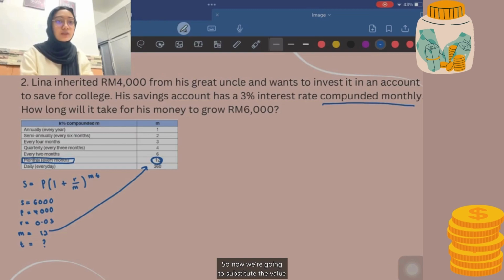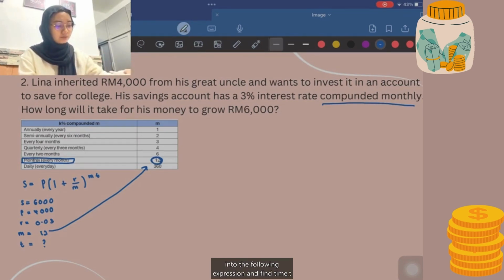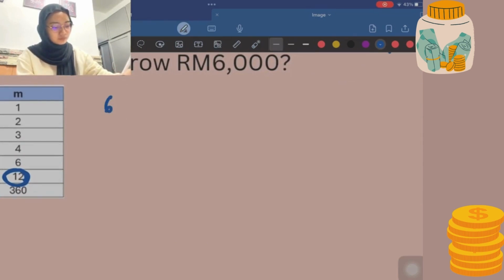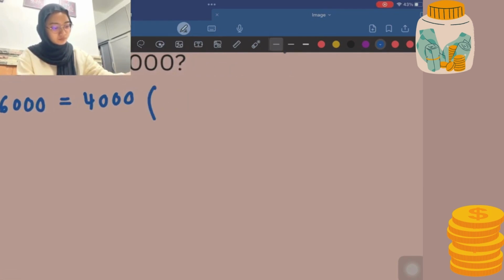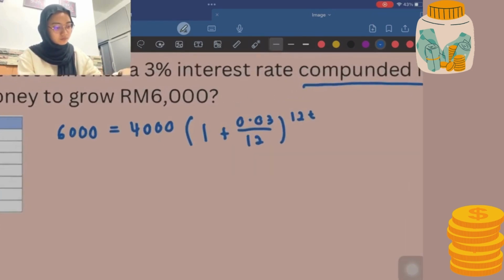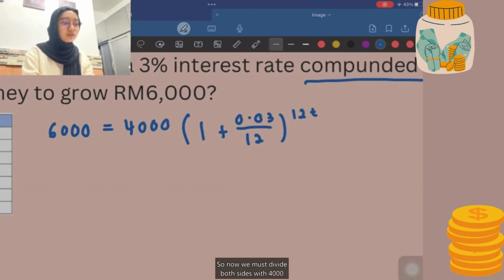So now we're going to substitute the values into the expression and find time T. So now we must divide both sides by 4,000.